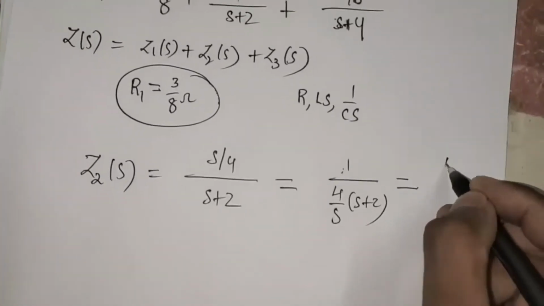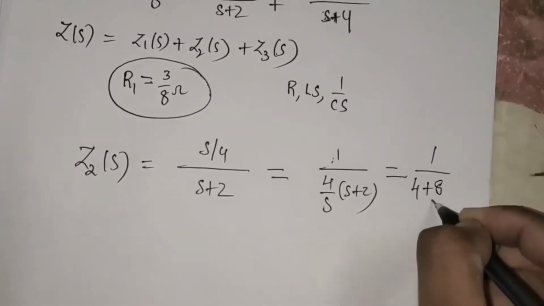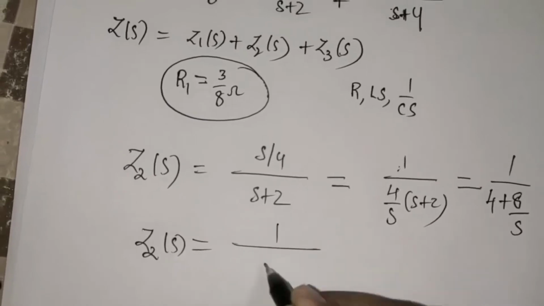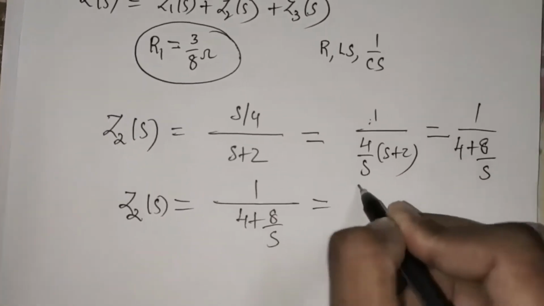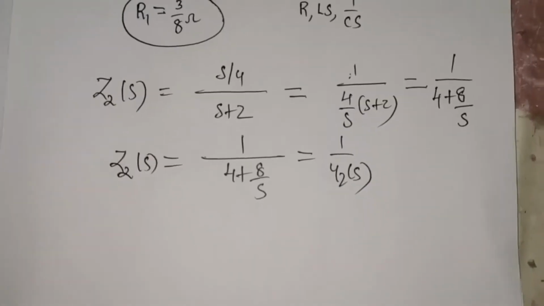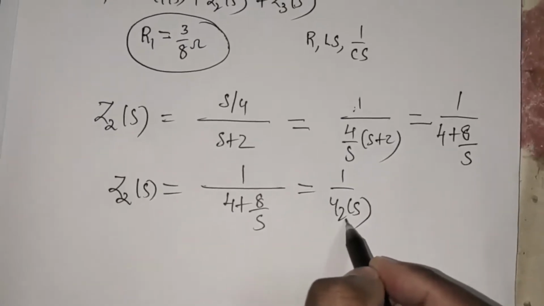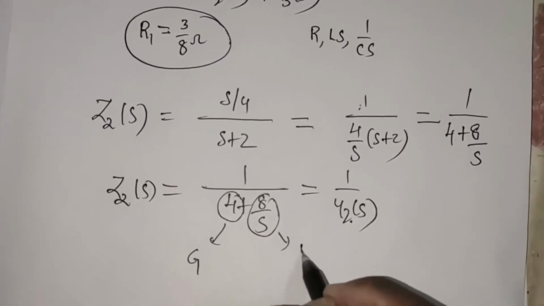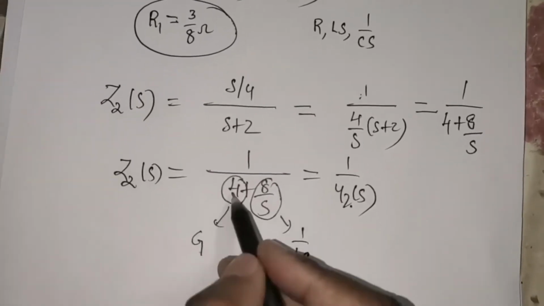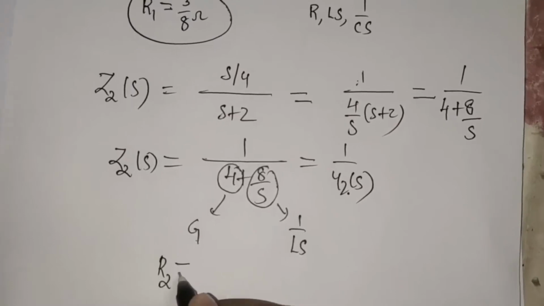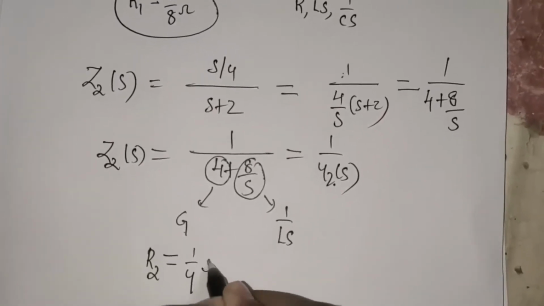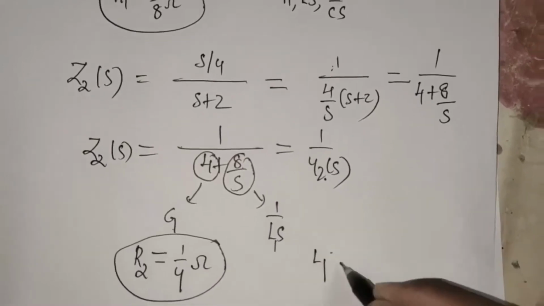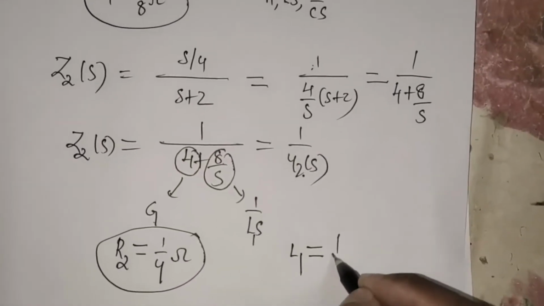So this is nothing but 1 by 4 plus 8 by S. So this Z2 I can write as 4 plus 8 by S, which is nothing but 1 by Y2 of S. So since it is admittance, the constant term represents G, and this is in the form of 1 by Ls. So if G value is 4, then obviously R2 value is 1 by 4 ohms. So since it is in the form of 1 by Ls, that is 1 by L1s, L1 value is nothing but 1 by 8 henries.